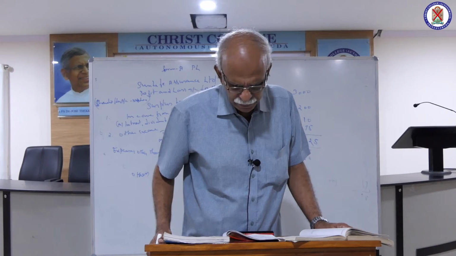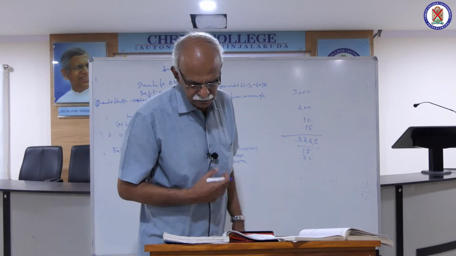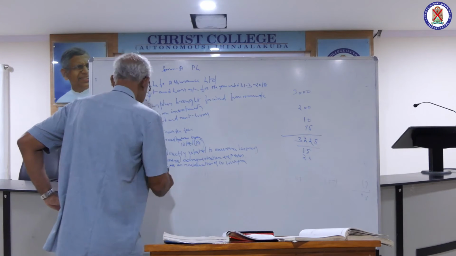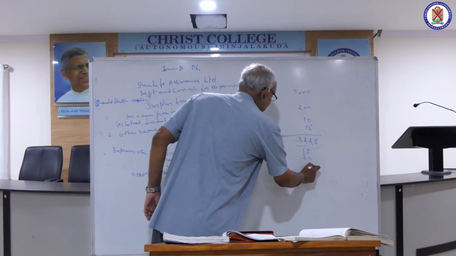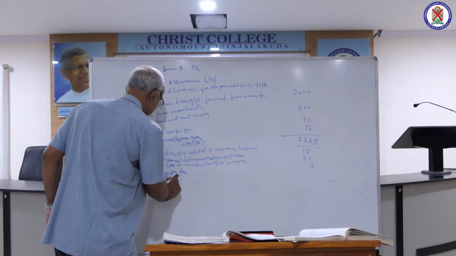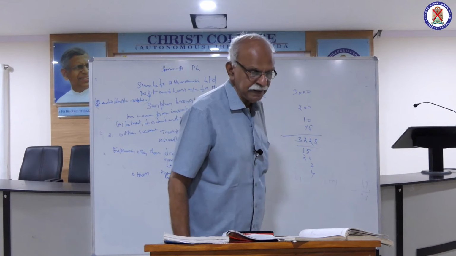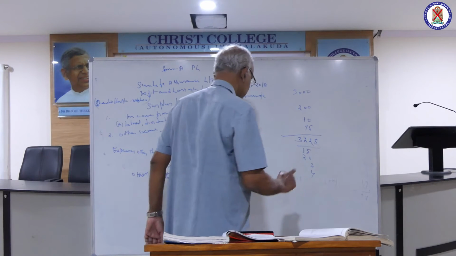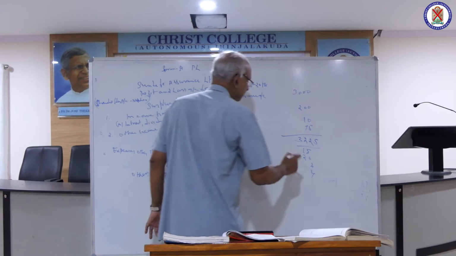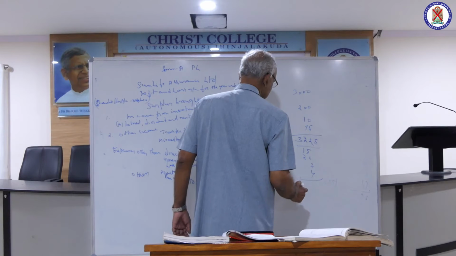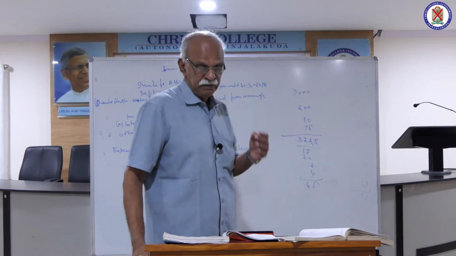Directors' fees 6, donations 4. Now you are getting total B. Total B is 45.